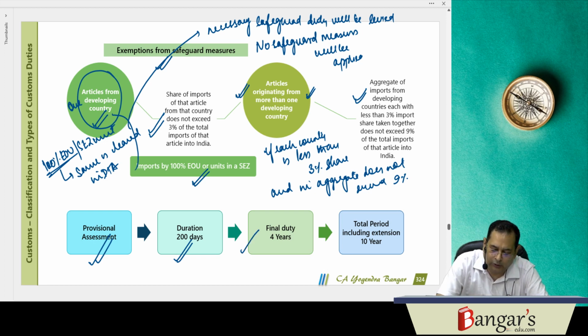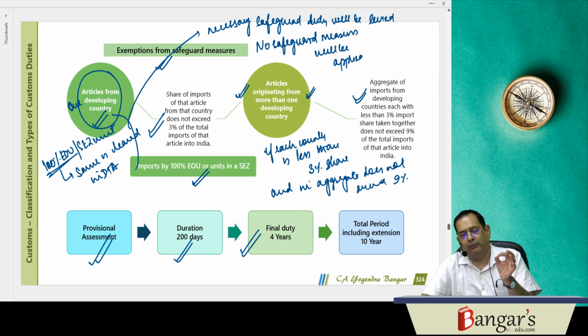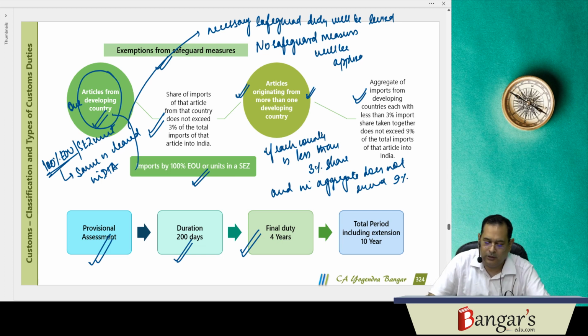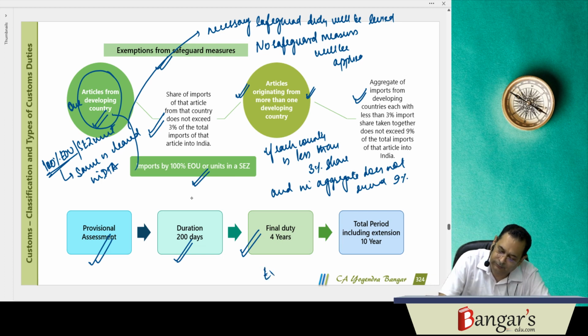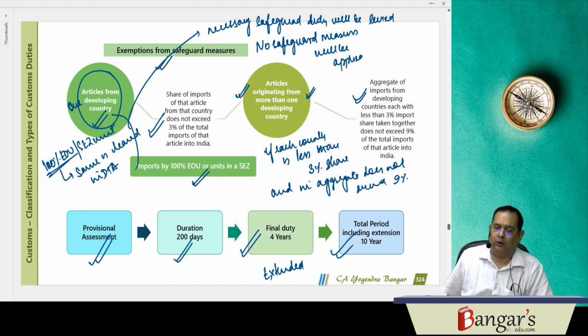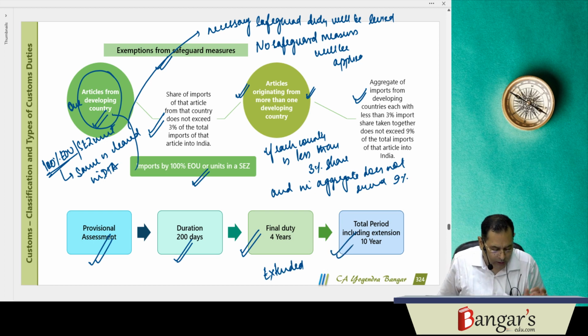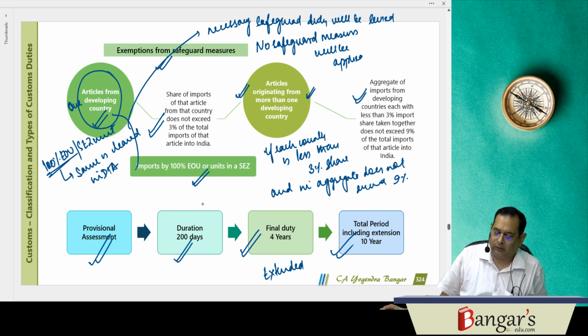The final duty, unless revoked, will remain in force for a period of 4 years from the date of the first imposition, and the said period can be extended, and the total period including extension cannot exceed 10 years. So this is safeguard measures. This is very, very important. You have to remember it.